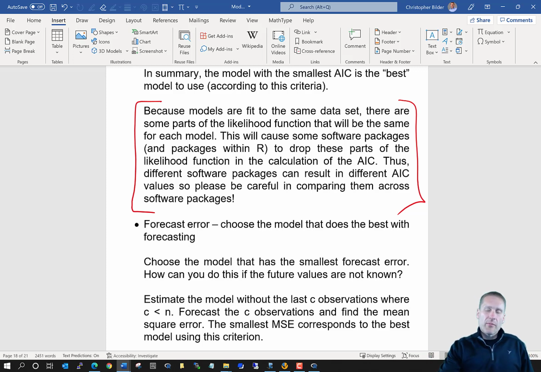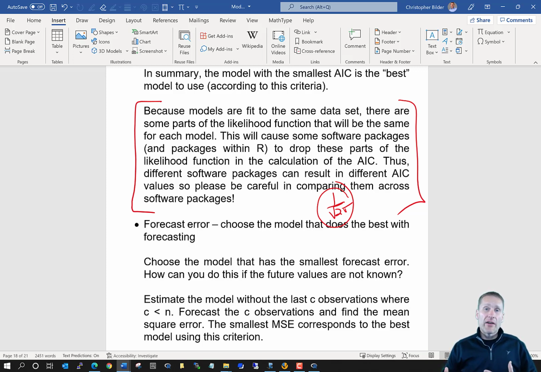Well, think back to when we had the likelihood function previously for our time series models. You might remember there's a 1 over the square root of 2 pi in it from the normal distribution. Well, that's not going to change from one model to the next, or from one set of parameters to the next. That's a constant. And so some packages may simply say, okay, let's just remove that because we don't need that.